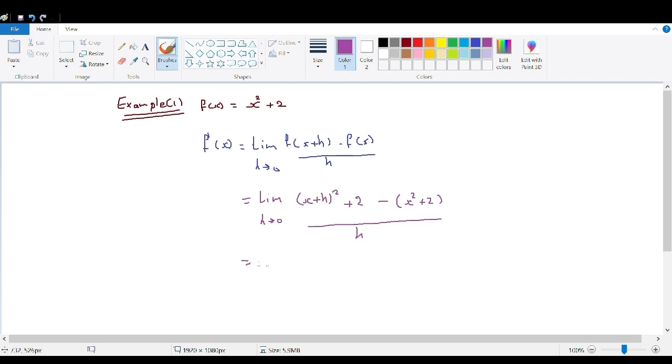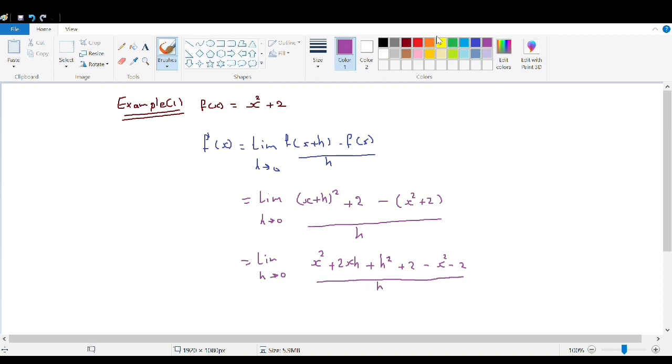Now we need to simplify our function. (x plus h) all squared gives us x squared plus 2xh plus h squared, then plus 2. Here we have minus (x squared plus 2), so it will be minus x squared minus 2, all divided by h.